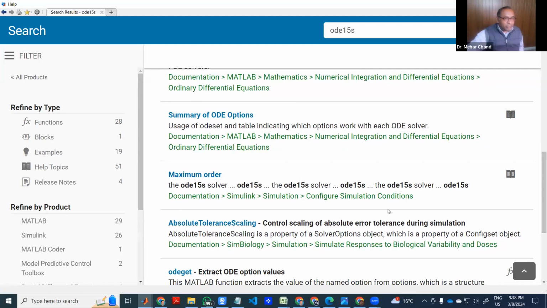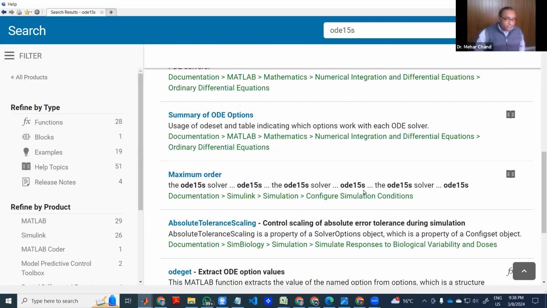Here you can see the maximum orders of these inbuilt functions, and all these are known as solvers for differential equations, and all these solvers are available for ODE as well as for PDE.